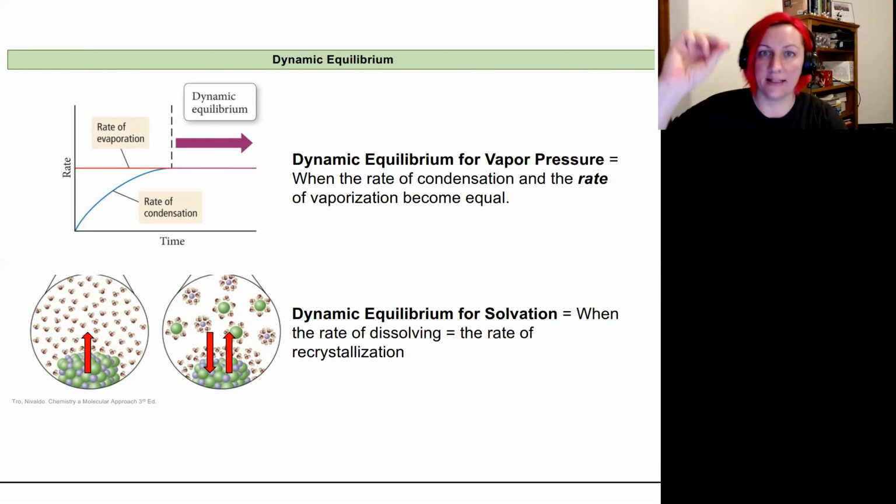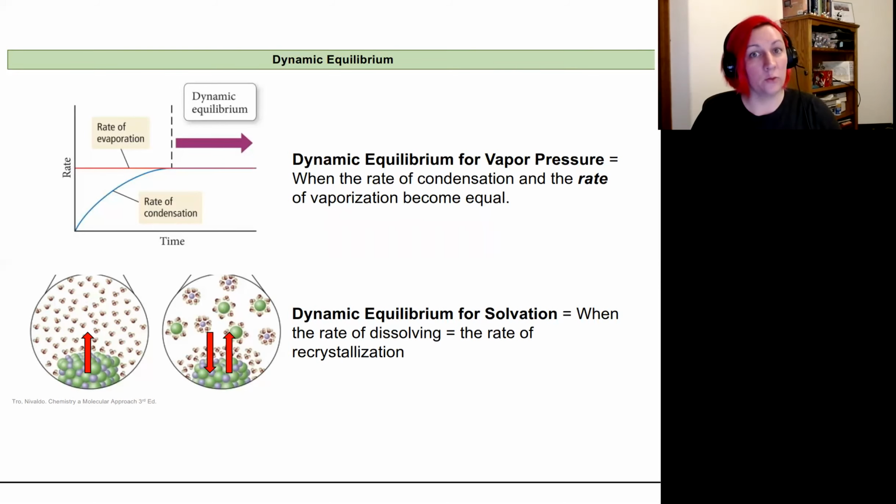They'll go from a gas to a liquid. And so we have a rate that particles are evaporating and a rate that particles are condensing. And when those rates are equal, the total amount of gas above the surface of the liquid in the container won't change. And so when these rates of condensation and vaporization are equal, we call it dynamic equilibrium.